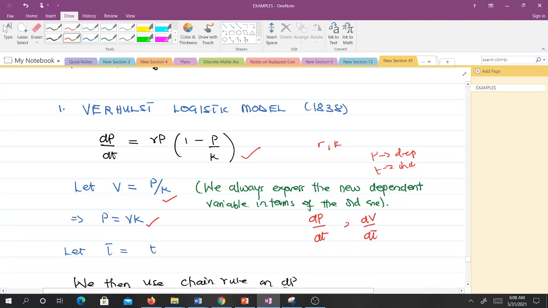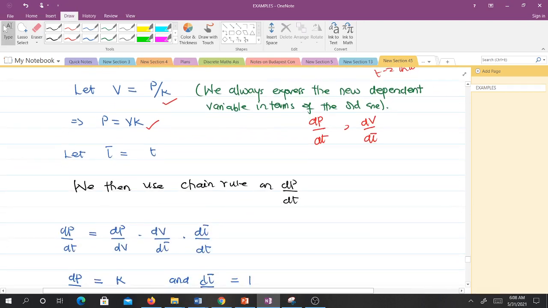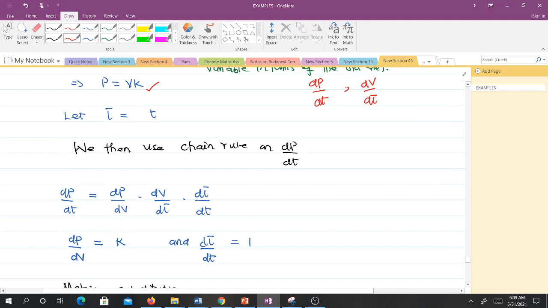To be able to do that, I have to use the chain rule. So using the chain rule, I can write dp/dt will be equal to dp/dv, that's the new variable we are introducing, times dv/dtau, then times dtau/dt.